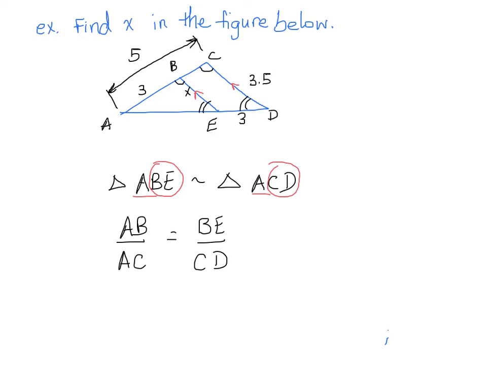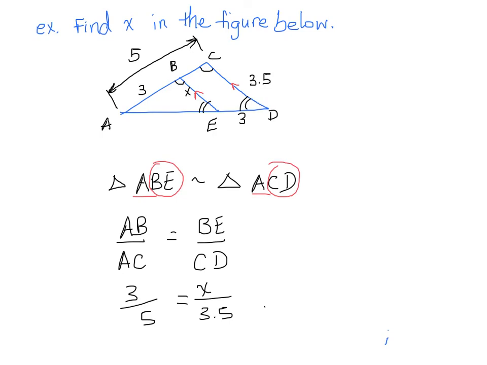So AB is 3 over AC, which is 5, is equal to BE, which is x, over CD, which is 3.5.